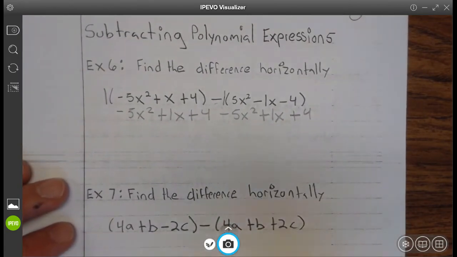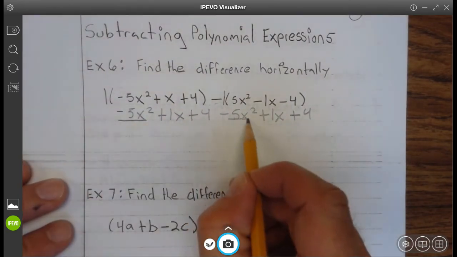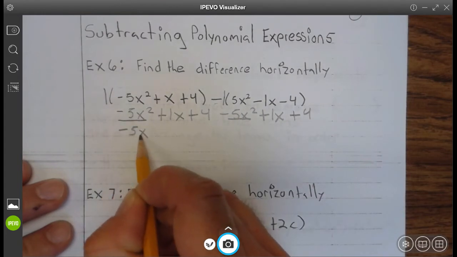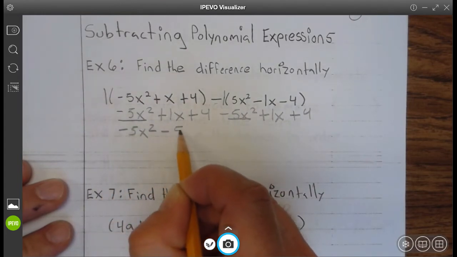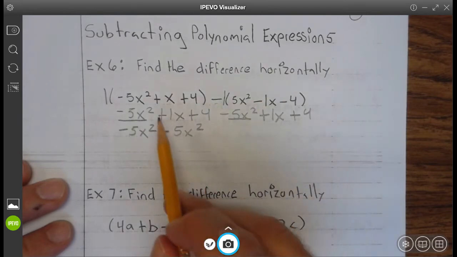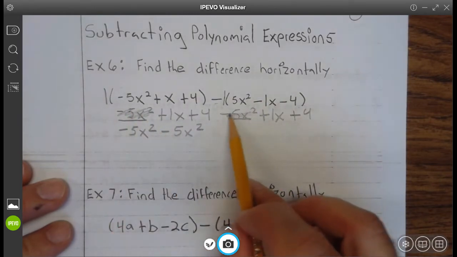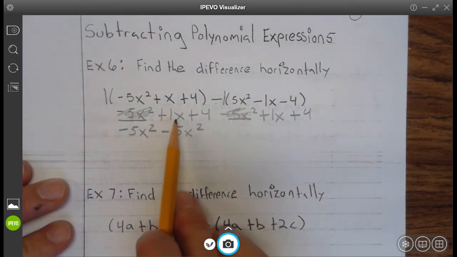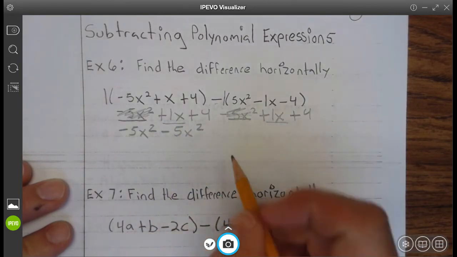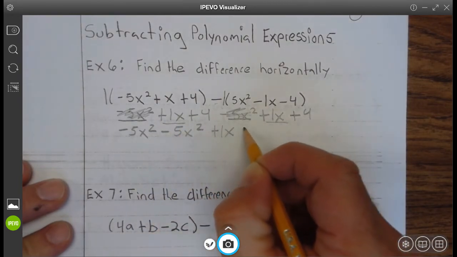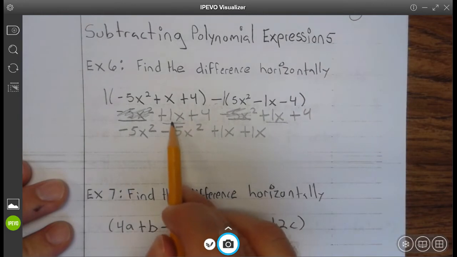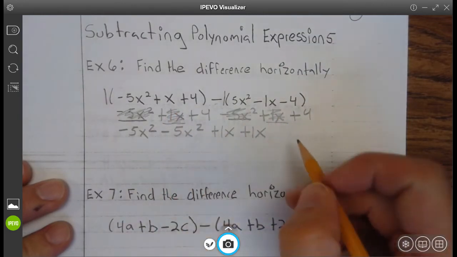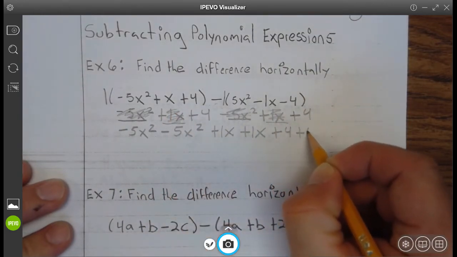Okay. Now we want to combine terms, so we're going to put the x squareds together first. So negative 5x squared minus 5x squared. And I like to shade these out once I've moved them so I know what I have left. So now we're looking at the x's. So plus 1x plus 1x. And then plus 4 plus 4.